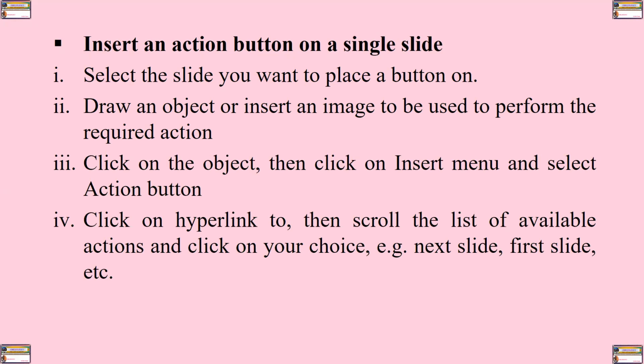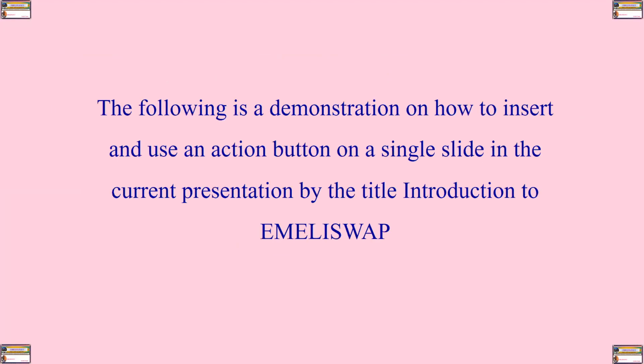For example, next slide, first slide, etc. And then you click OK. So the following is a demonstration on how to insert and use an action button on a single slide in the current presentation by the title Introduction to MLSwap.